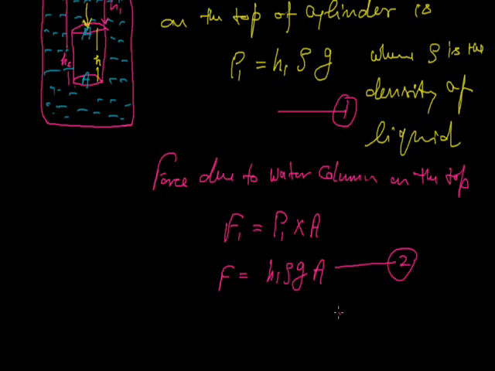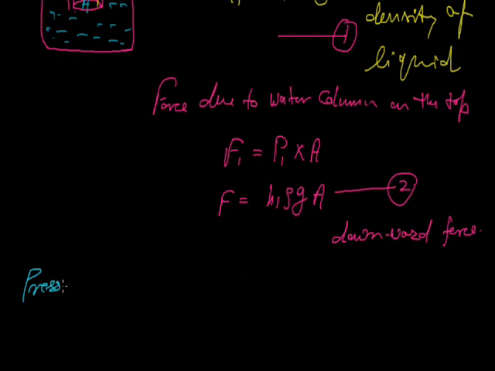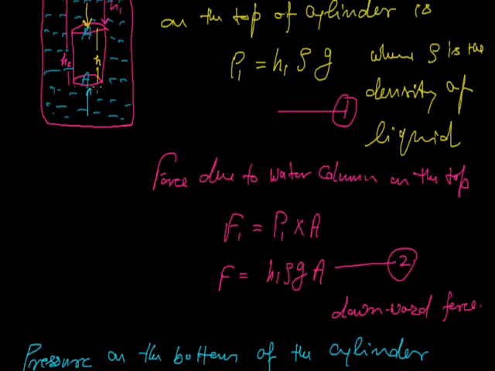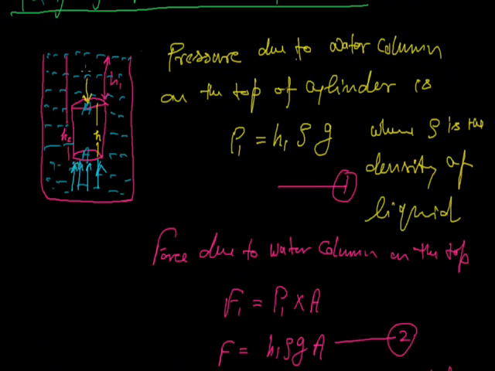Now the pressure on the bottom of the cylinder will be P2 equals h2 rho g, because the depth of water is h2 at the bottom, and it will be an upward force. F1 is the downward force and F2 is the upward force.